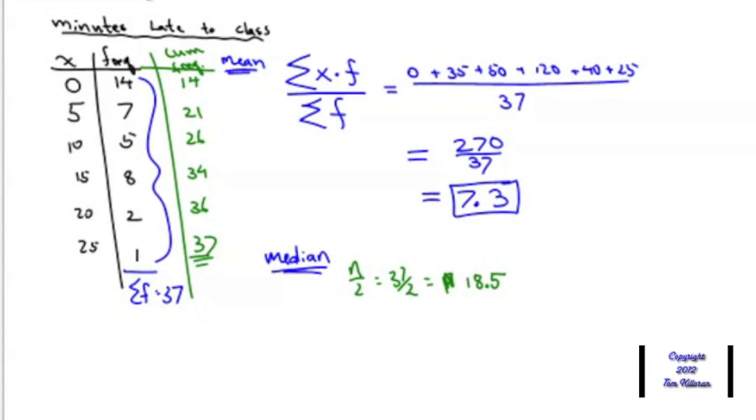This is a position, and there is no position 18.5th element, so we have to move it up to 19. So I need to find where is the 19th element in this chart. Is 19 in 14 down? No. Is it in 21 to 14? Yes. So I take 21 and I move over to the data, this is frequency. Data is 5. So the median here is 5.